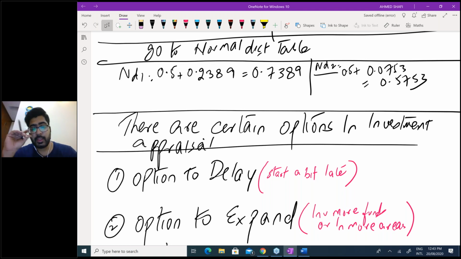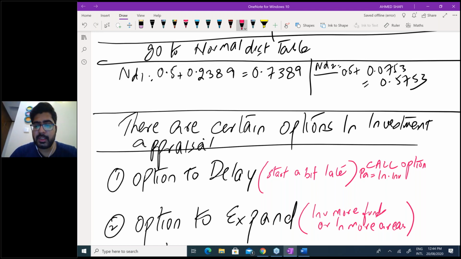Now, option to delay means you will invest funds late. It's a call option. Investing means you're buying, giving money for buying. It's a call option.